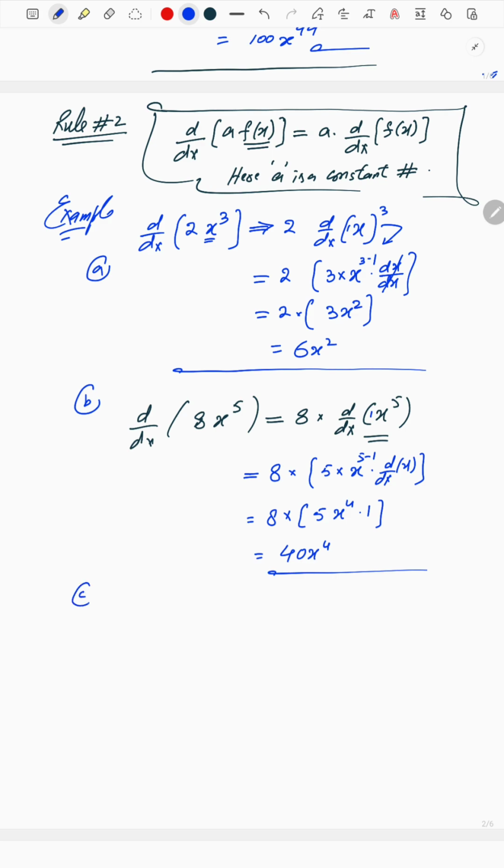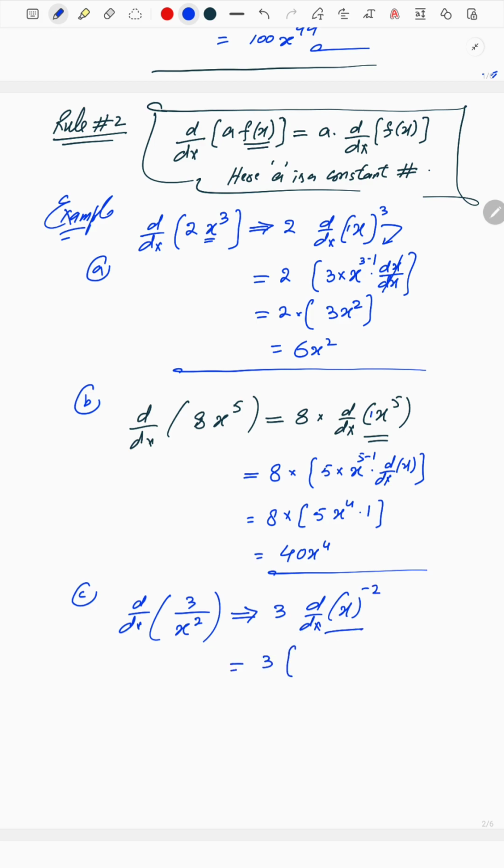Take another example. If you have d by dx of 3 upon x^2, what to do? Bring the variable to the numerator. So you write 3 outside and it becomes x raised to the power minus 2.